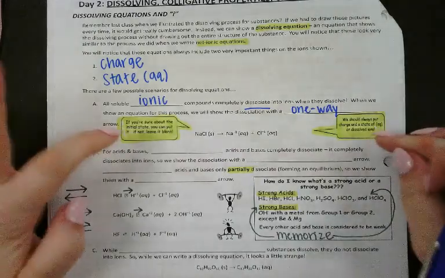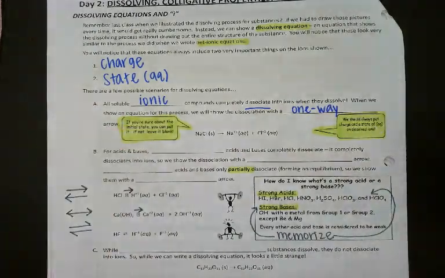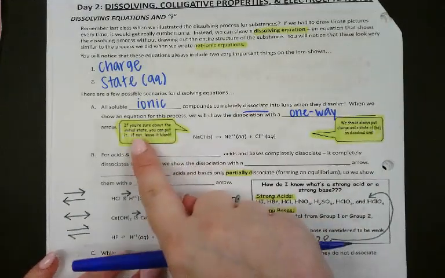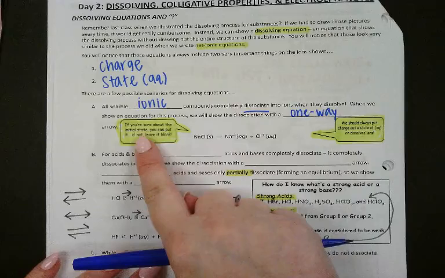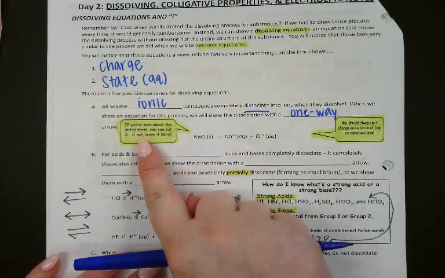Now, I have these highlighted because I know sometimes if it's not bolded or anything, we may not read the things that are in the pictures, but it's always important to read everything. I promise, if it wasn't important, we wouldn't write it down. So it says right here, if you are sure about the initial state, you can put it.